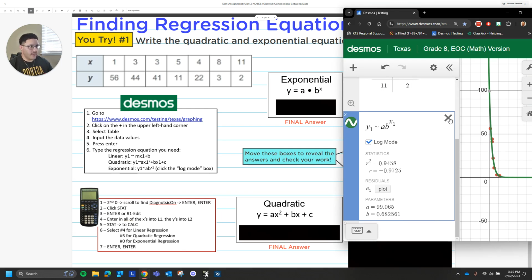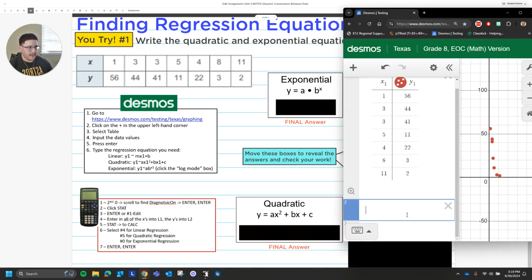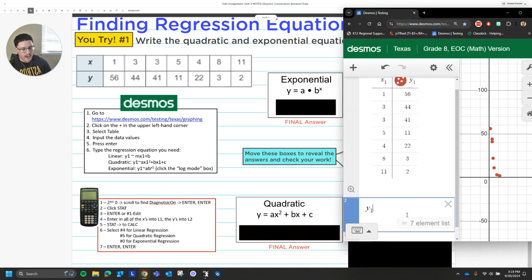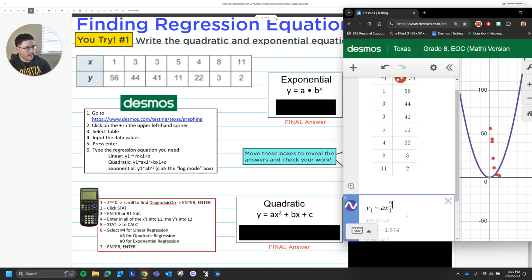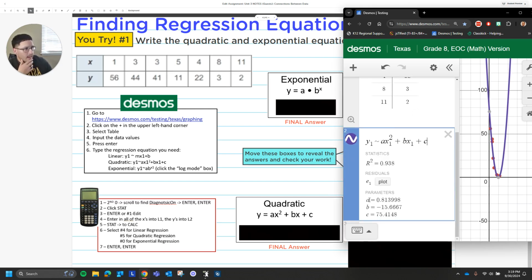For quadratic, you're going to type the following. Y1 squiggly AX1 squared, arrow to the right, plus BX1, and then plus C. And there it is.